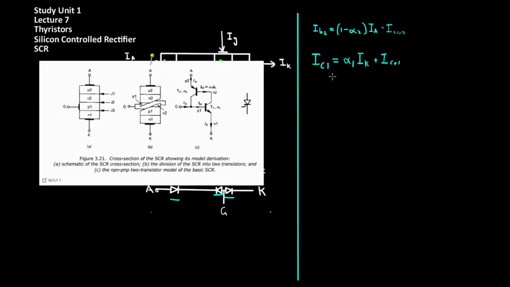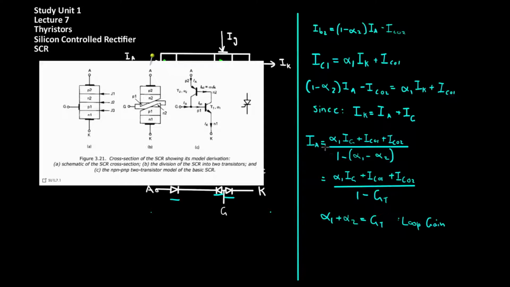The collector current of T1 is given by IC1 equal to alpha 1 multiplied by the cathode current plus ICO1, where once again ICO is the collector junction reverse bias leakage current. Since the base current of transistor 2 is the collector current of transistor 1, these two current equations can be equated. By Kirchhoff's current law, the cathode current must be equal to the anode current plus the gate current.